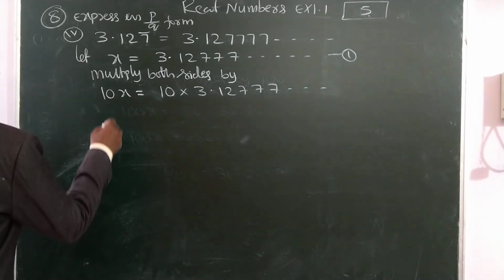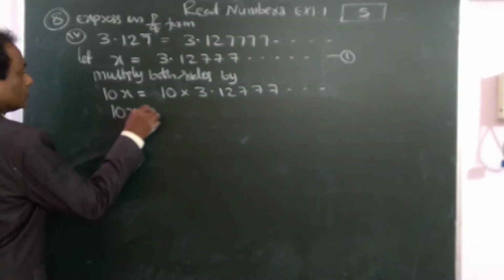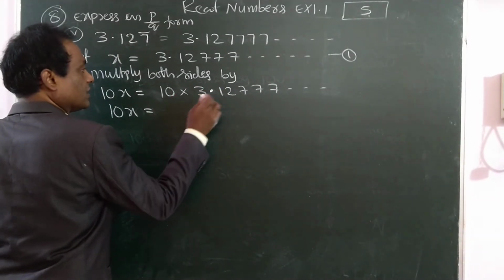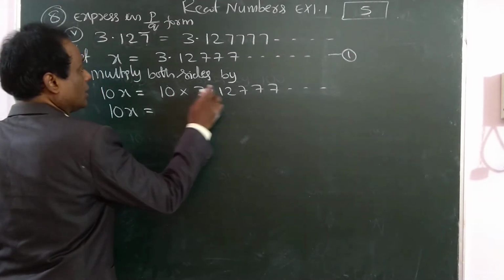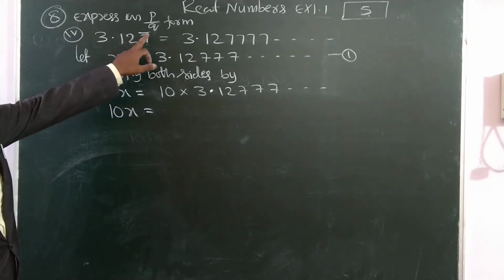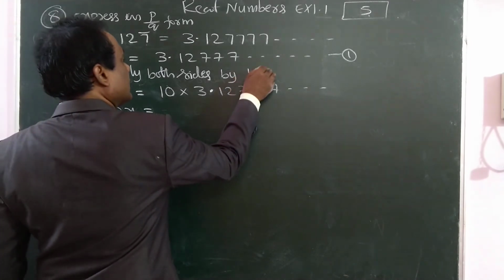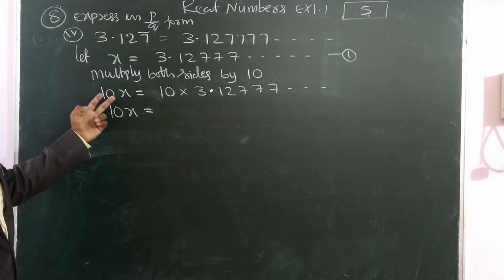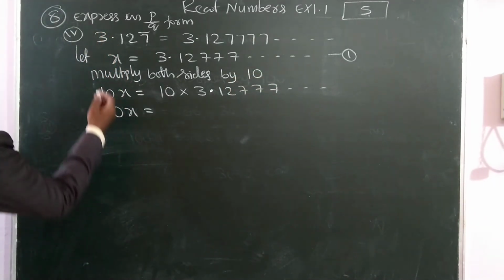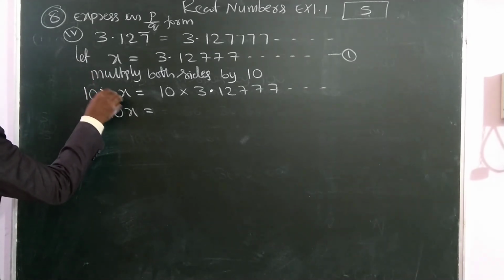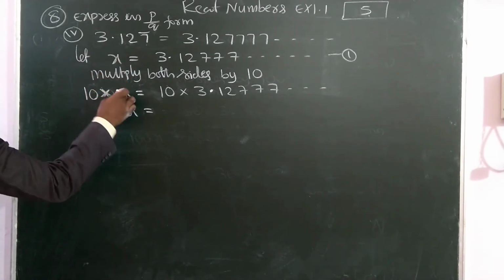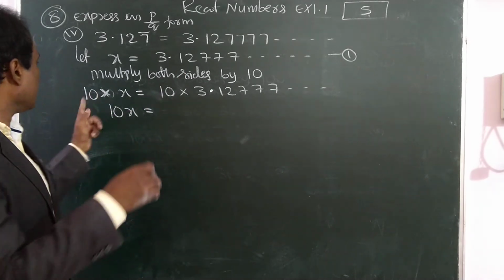Left side it is 10x. If you multiply with 10, the decimal will move only one digit, because the bar is for one digit. Multiplying both sides by 10, left side 10 multiplied by x, right side also 10 multiplied by x.